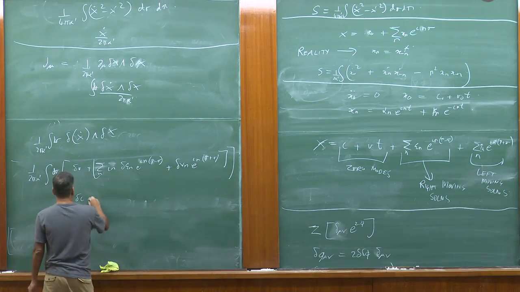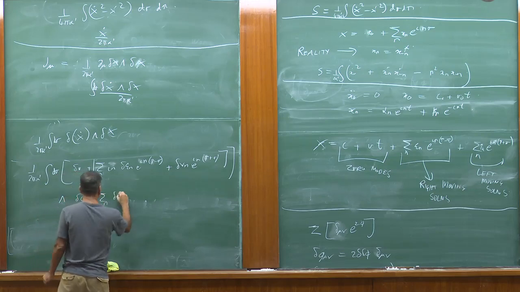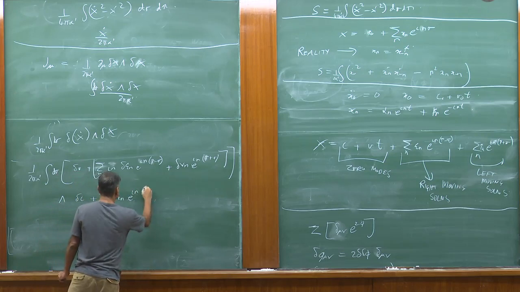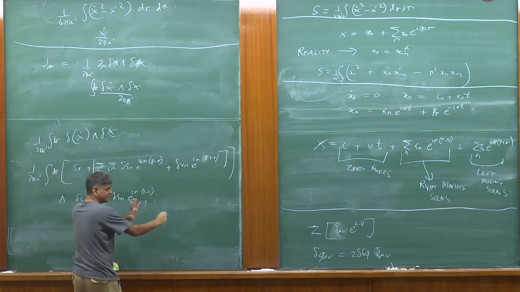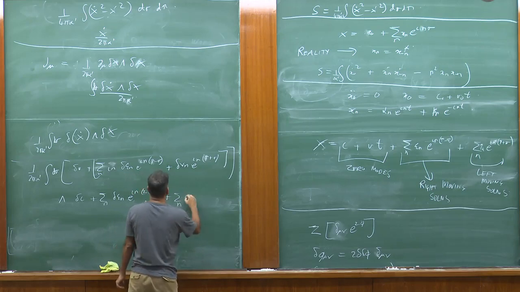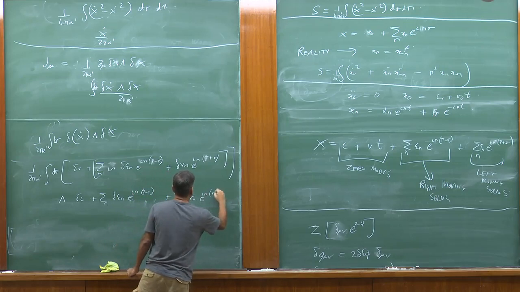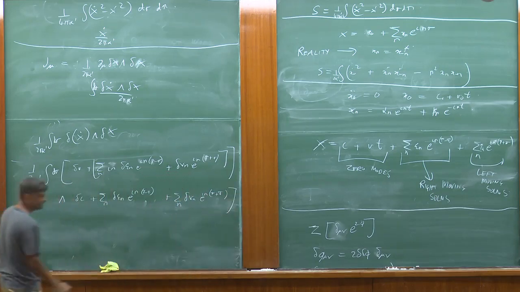Delta c plus the sum over n of delta zeta n e to the power i n (tau minus sigma), always tau 0, it of course won't matter, plus the sum over n of delta nu n e to the power i n (tau plus sigma). Okay, this is the expression we want.